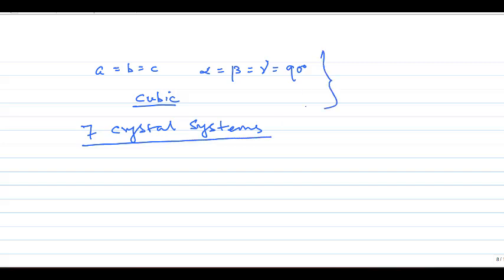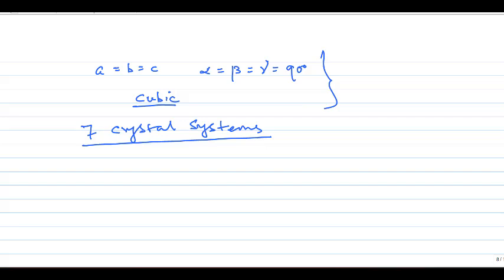Depending on the values of these A, B, C, and alpha, beta, and gamma. Okay. One example we have seen, that is cubic, where A, B, C are equal and alpha, beta, gamma are also equal, and they are equal to 90°. Now, if we change this, if we see the other relations, we will find 7 such combinations, and that is the 7 crystal systems.